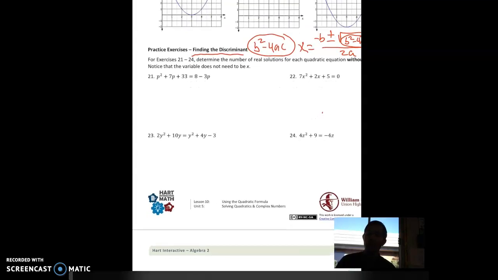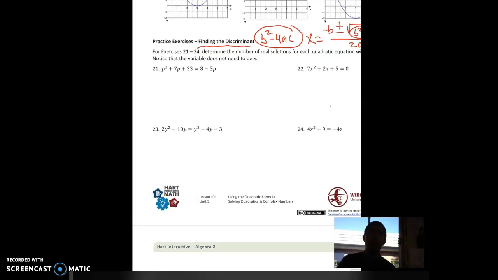Okay, number 21. Remember, in order to use the quadratic formula or the discriminant, we need the right side of the equation equal to 0. So for number 21, I have to fix it. The first step is to add 3p to both sides. Then I get p squared plus 10p plus 33 is equal to 8.